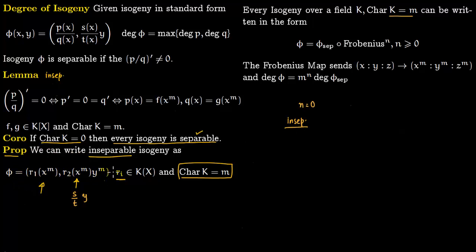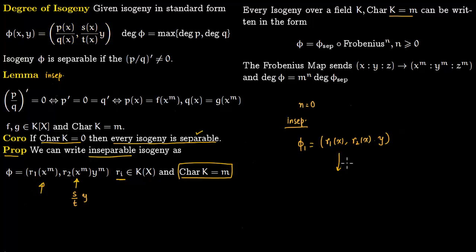Now to get to this form, you first have this isogeny phi 1, which is r1 of x, r2 of x times, say, y, because it has to be some standard form like this.